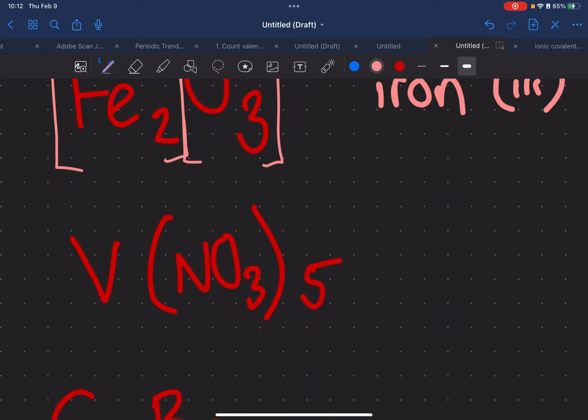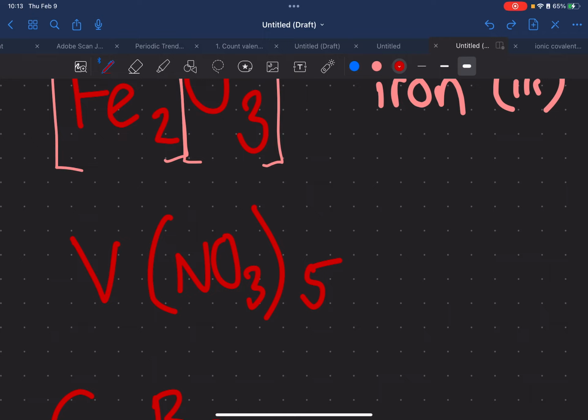And we do not know the charge on our vanadium ion, but we do know the charge of a nitrate. How do I know it's a nitrate? Because I checked my polyatomic ion chart. How did I know to check my polyatomic ion chart? Well, one, I've done a bunch of practice, and I know that NO3 is a polyatomic ion.